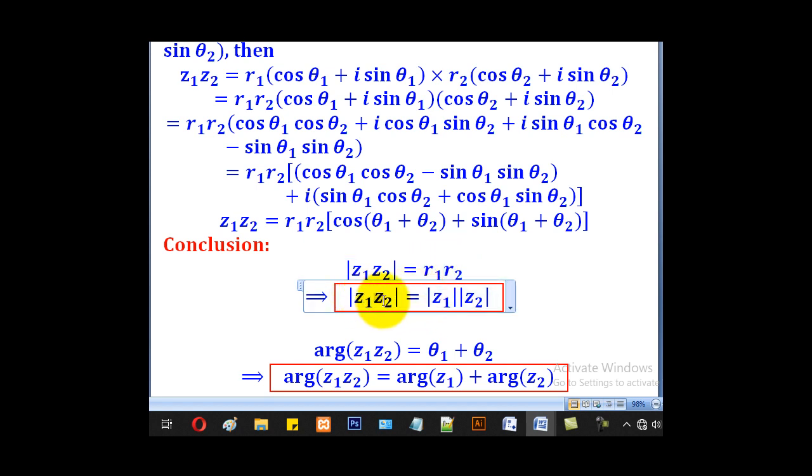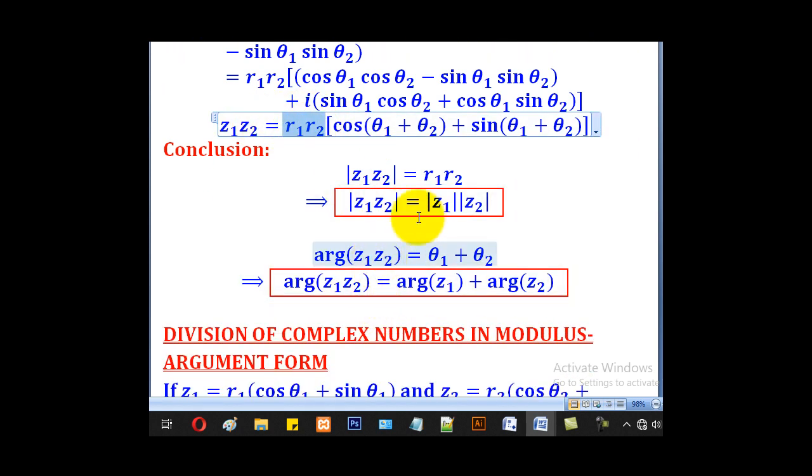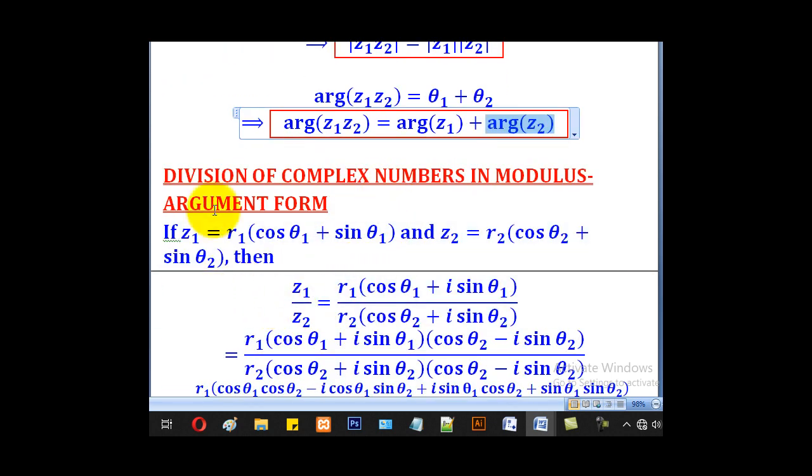Modulus of z1 z2 is equal to modulus of z1 times modulus of z2, which comes from the expression r1 r2. For the argument, it is a sum. So the argument of the product of two complex numbers is the sum of the arguments of the individual complex numbers: argument of z1 z2 is equal to argument of z1 plus argument of z2.